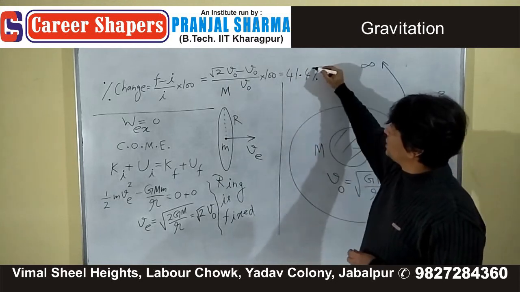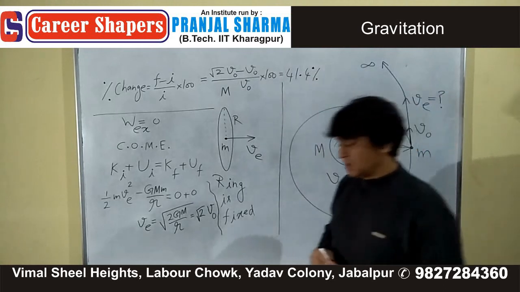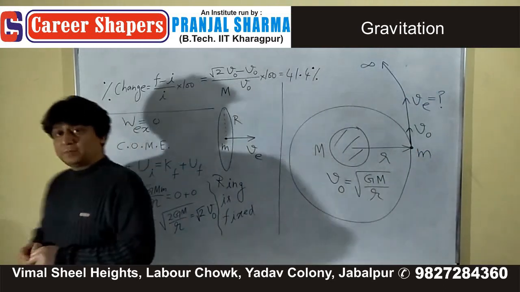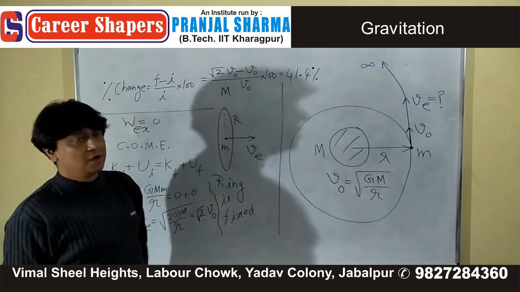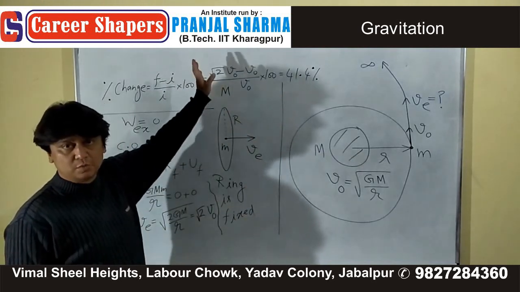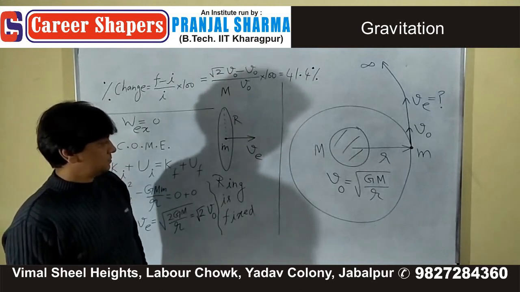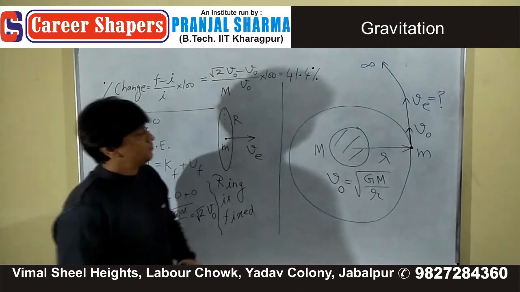So if you increase orbital velocity by a percentage of 41.4%, then this satellite will escape to infinity. Note down this much.